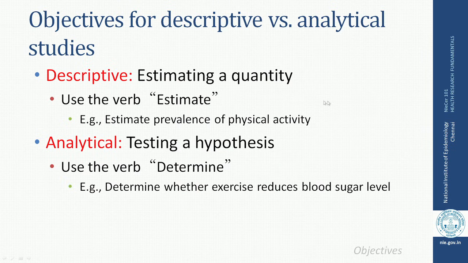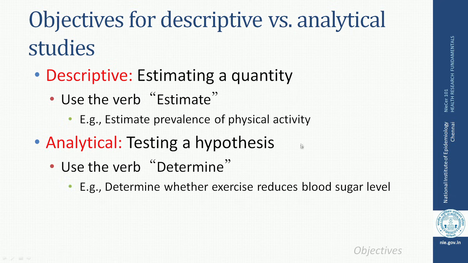We recommend that the statement of objective contains scientific and epidemiological terms. We also recommend that it uses the terms that denote the descriptive nature of the study and analytical nature of the study. For instance, for a descriptive study in which we expect that you estimate a quantity by observations, the verb estimate is preferred. For example, to estimate prevalence of physical activity in diabetics, that is a descriptive objective.